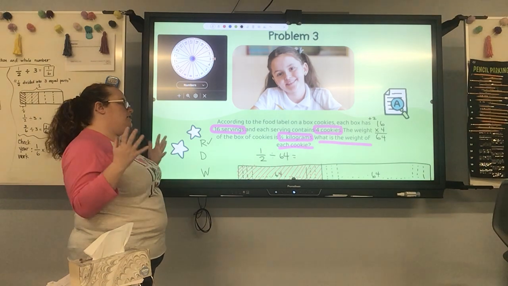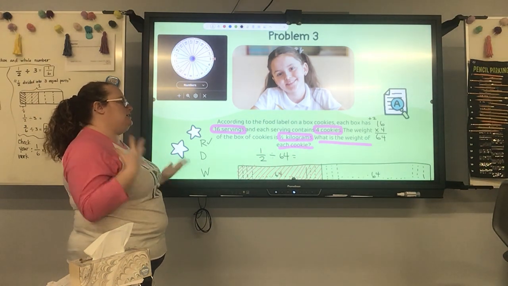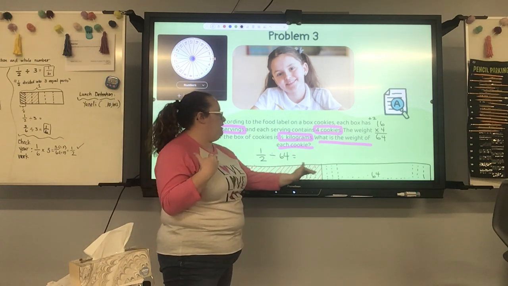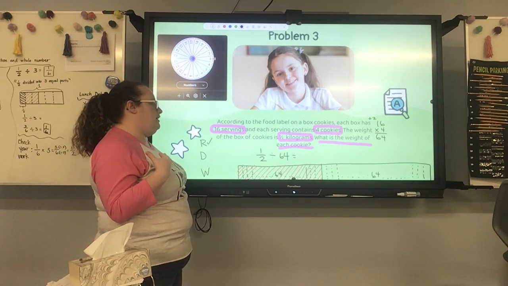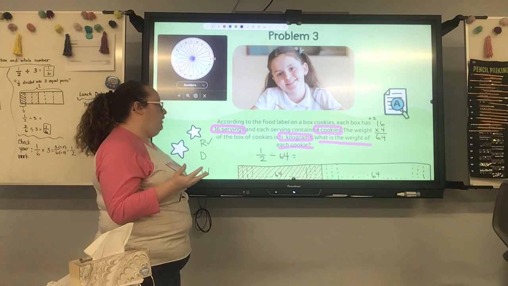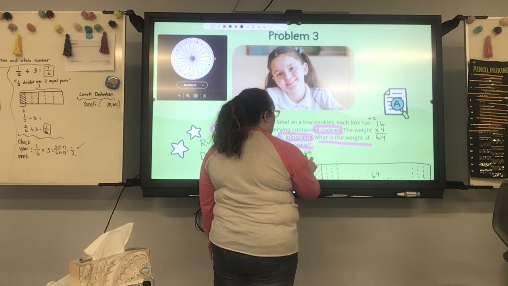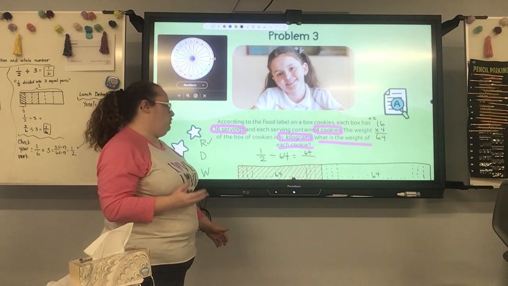Well, now I need to know what my fraction is. So I need to know how many are colored, or that diagonal line. Well, it would be 64 out of how many total pieces?